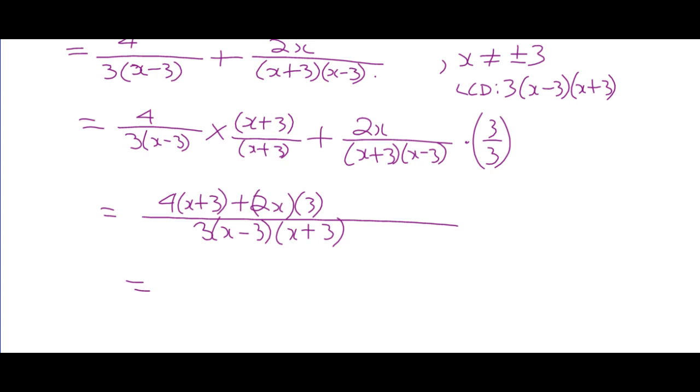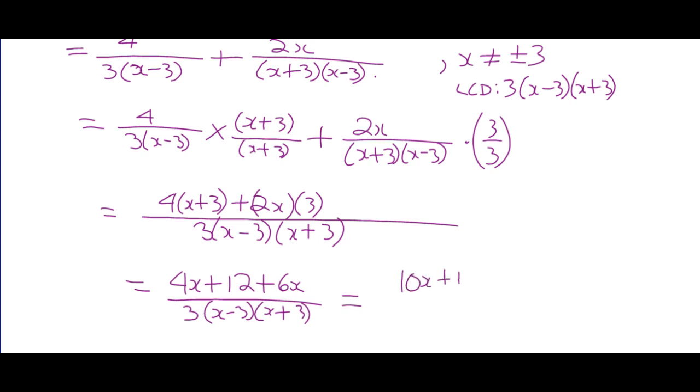Okay, so now we have to expand and collect and simplify the numerator. So we're going to get 4x plus 12 plus 6x over 3. At this point, the denominator is just along for the ride. So 10x plus 12.